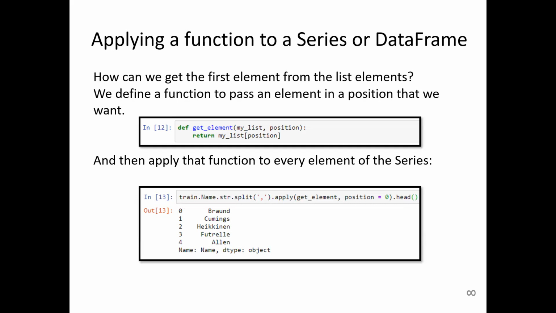You pass a list to it and a position. So it's going to fetch that specific index that you want to fetch from the list. Does that make sense?